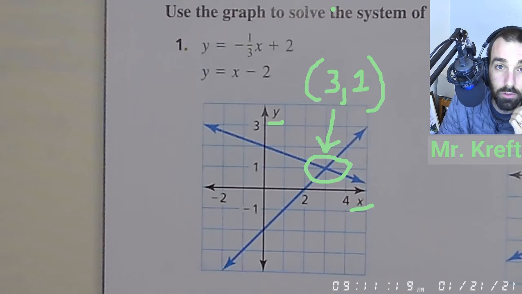So the next thing we're going to talk about, and we'll have an opportunity to do this in just a second, is... Sorry guys, I don't know why my internet is bad. So the other thing that we're going to take a look at is what happens if they're not graphed. Okay, so this is what you do if they are graphed. So if they're not graphed, this is what I would do.